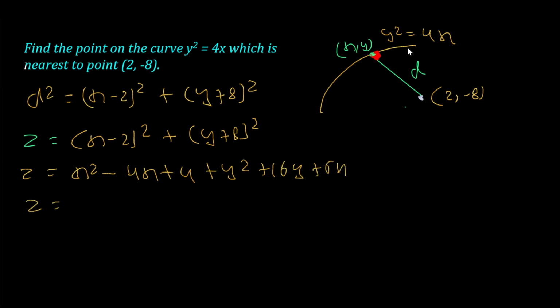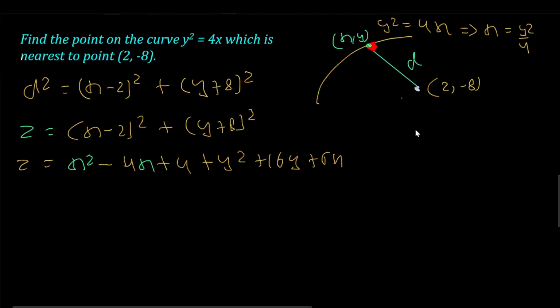So z is equal to, now I'm going to do substitution. What I'll do from here, we'll substitute x, and x is what? Y square over 4. So I'll be substituting this x here. One x I can see here, and there is another x. This x will be substituted. Now, x square will be square of this.